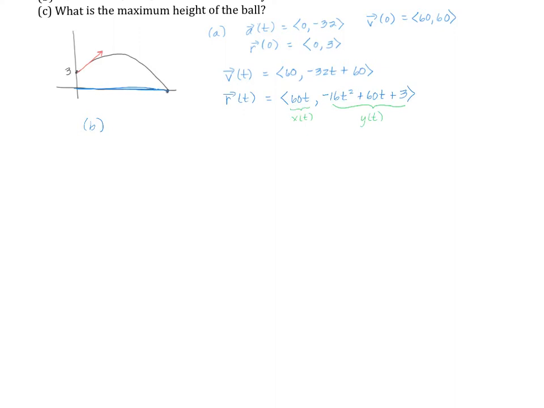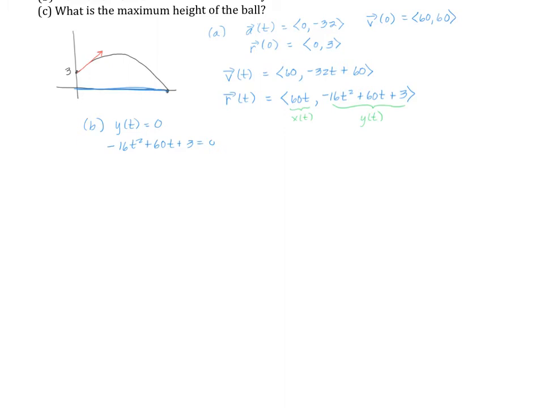So when this y value is equal to 0, that's when the ball is going to hit the ground. We just have to solve the quadratic equation, negative 16t squared plus 60t plus 3 equal to 0. I don't believe this factors.